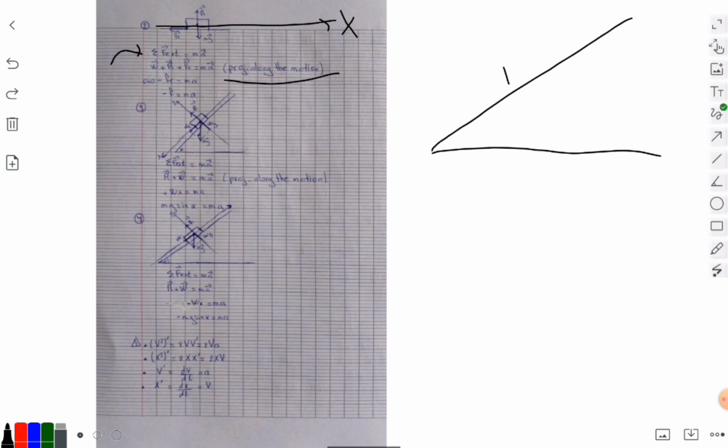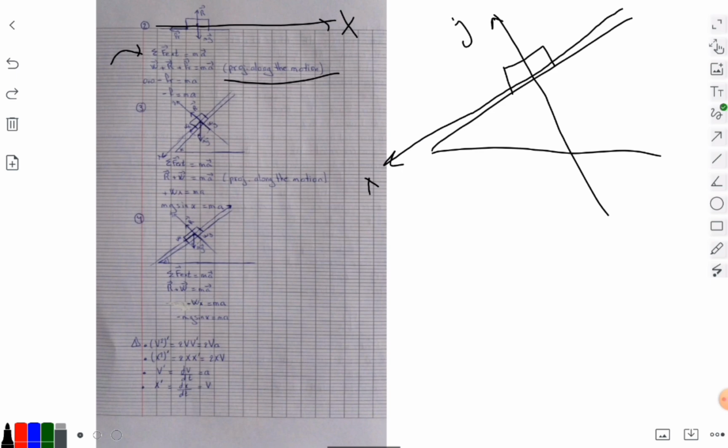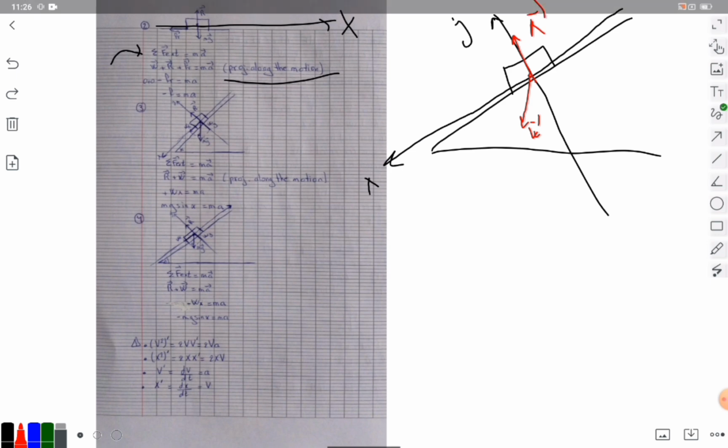The motion of the object is downward, so we draw the x-axis downward, and this is the y-axis. The forces acting on the object are weight and reaction of support, and this is the angle alpha.